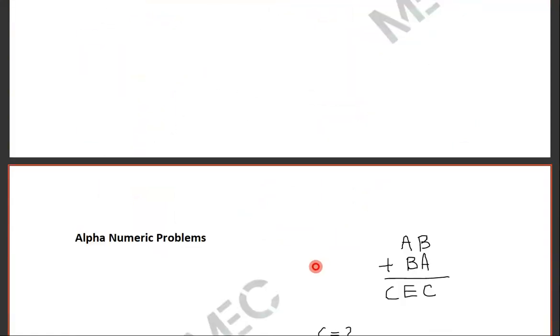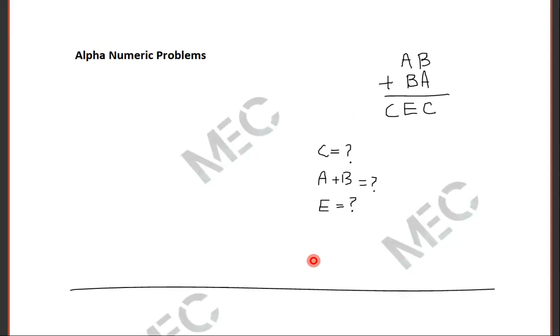Okay, another type of question which can be found in these quantitative reasoning questions is alphanumeric problems. In these problems, every letter means a digit. So different letters means different digits.